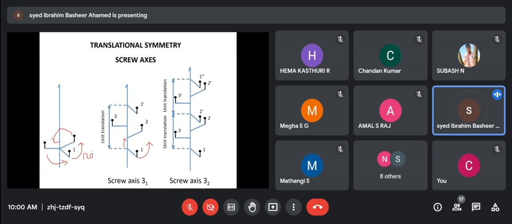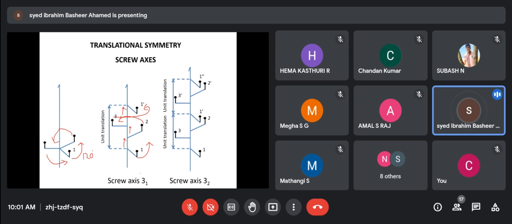And then I am rotating this to get this molecule. Not only that, I am translating along a unit length. Okay. Then again I have to rotate this, right? So in order to get this one, again I have to translate.